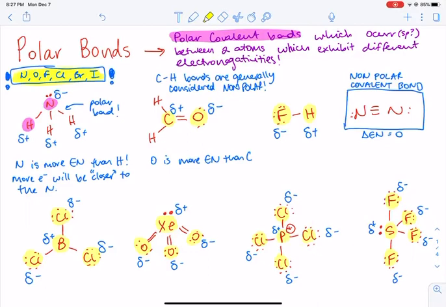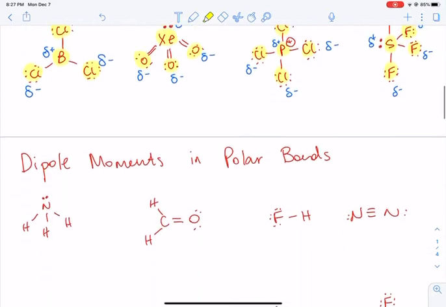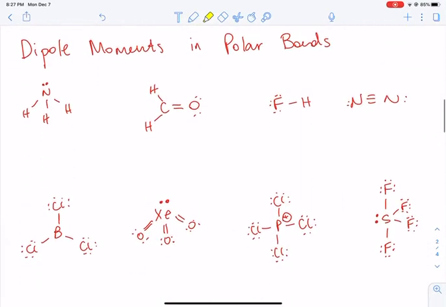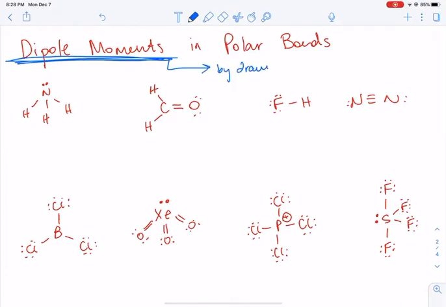Okay? So we were talking about polar covalent bonds, and we were assigning these partial charges. Now, whenever you have a polar bond, there also exists at the same time a dipole moment. You can show dipole moments by drawing an arrow like this.